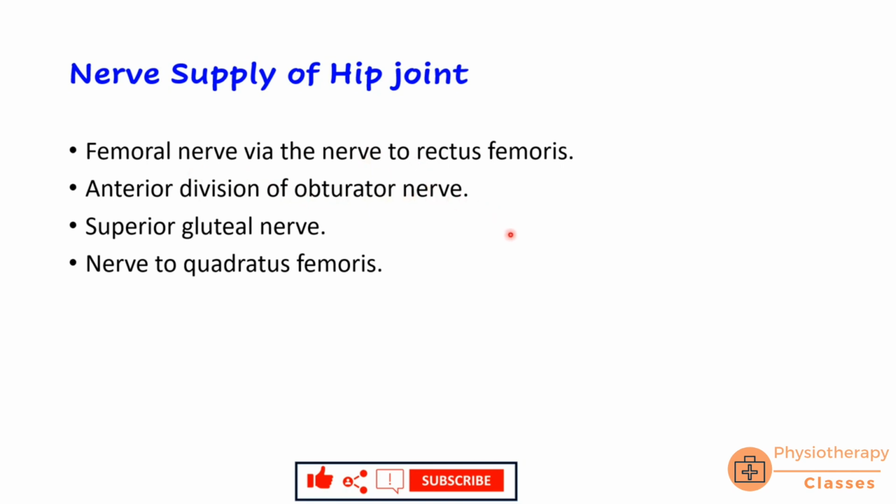So that's why if hip joint is involved in any disease process, and there is a pain in the hip joint, that is also referred to the knee joint, and vice versa is also true. That is, pain from the knee joint is also reflected to the hip joint, because both the joints are supplied by branches of femoral nerve and obturator nerve.